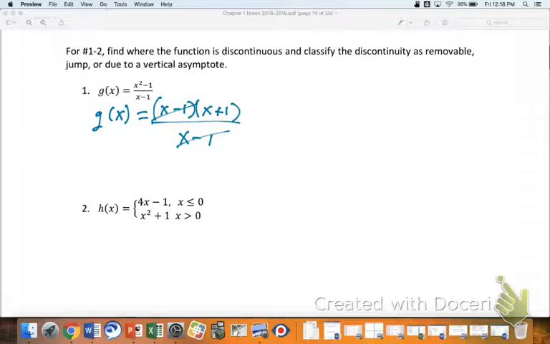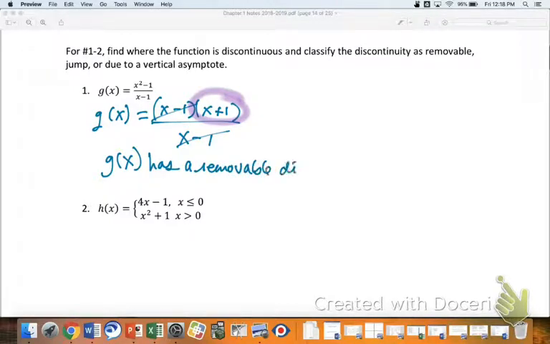And anytime you cancel out a factor in the top and the bottom, isn't that the very thing that creates a removable discontinuity? That creates the hole. So at this point we could look at what results. Of course, what results is just x plus 1. That's not going to have any discontinuities, but the fact that we canceled out a factor like that means that g of x has a removable discontinuity at x equals 1.